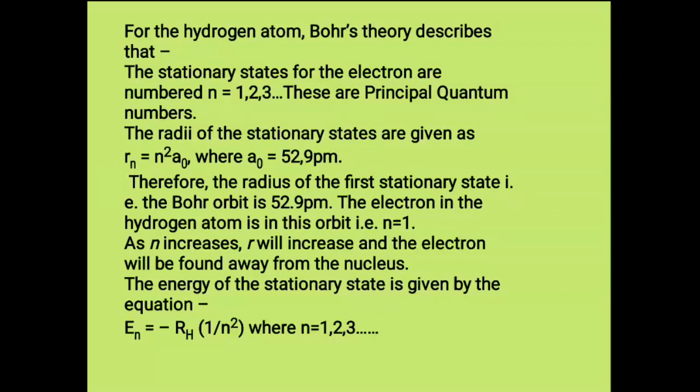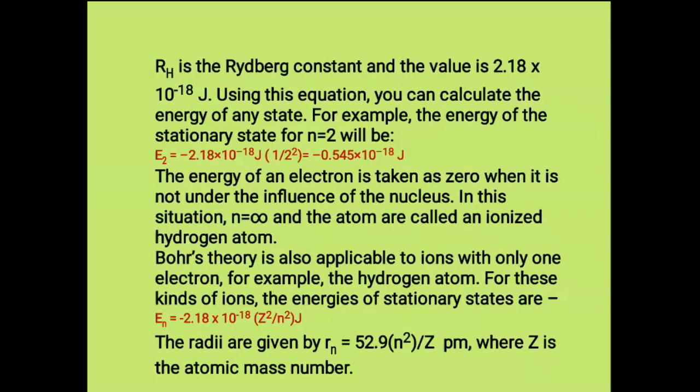So En is equal to minus RH upon 2 square. That will give us the energy of the electron in the second shell. Here RH, Rydberg constant, has a definite value in joules, that is 2.18 into 10 raised to the power minus 18 joules. So using this equation, we can calculate the energy of any stationary state.